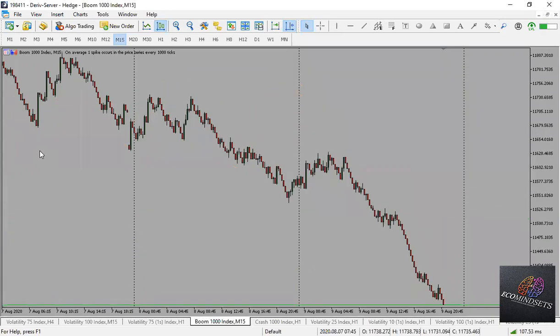All right, so with this strategy, we are going to need some few indicators to help us with analyzing the market before picking a trade. And then the second thing is, after using the indicators, you have to do what we call confluence confirmation.